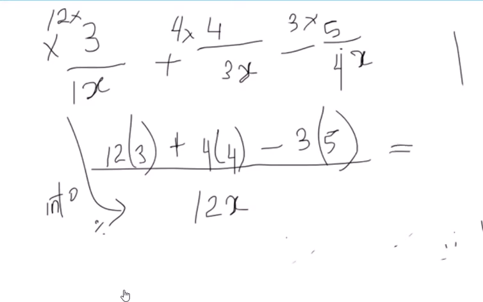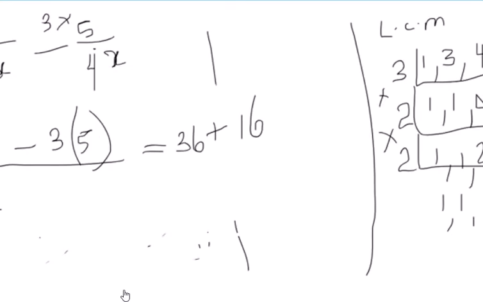Now we're going to work out our brackets. So we have 12 threes is going to give us 36, plus 4 fours are going to give us 16. As you can see, I'm fighting for space here. Minus 3 fives are 15, so it's minus 15. And it's all over our denominator, which is 12x.